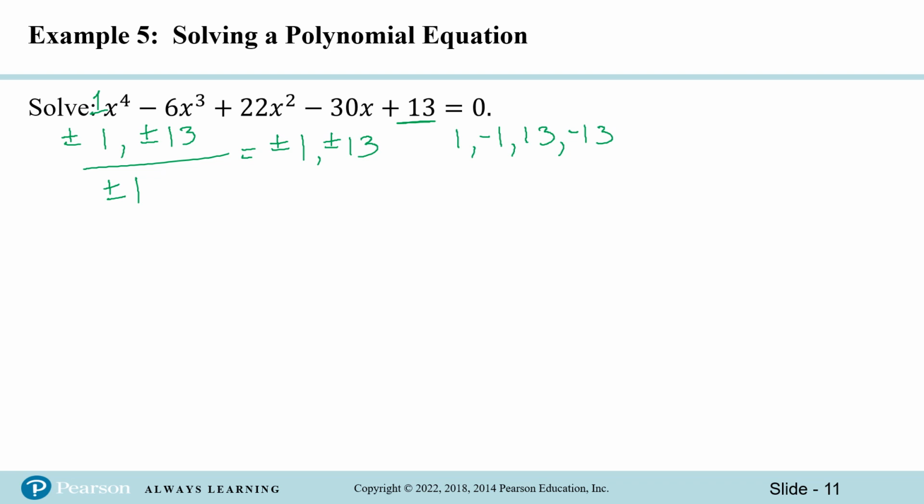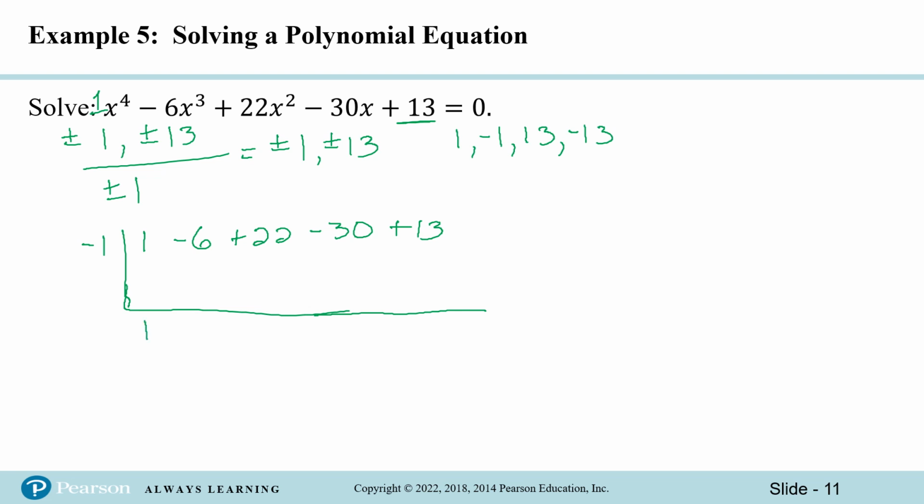I do not know ahead of time which one of these is going to work. So let's start with -1. We've got an x to the 4th, we've got an x cubed. I'm just checking for missing terms. We've got an x squared, we've got an x, and we've got a constant. All right, so we don't have any missing terms.